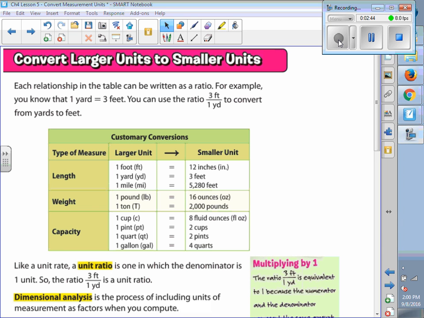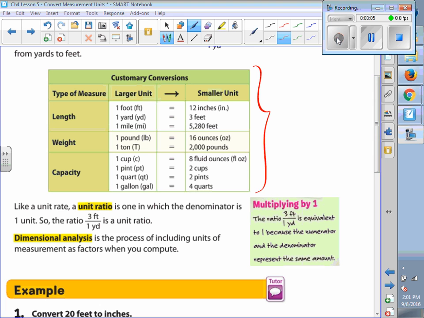This is your conversion factor. 3 feet to 1 yard is your conversion factor. Okay? Here, in the textbook, we have some customary conversions that you should know. A unit ratio is one in which the denominator is 1 unit.